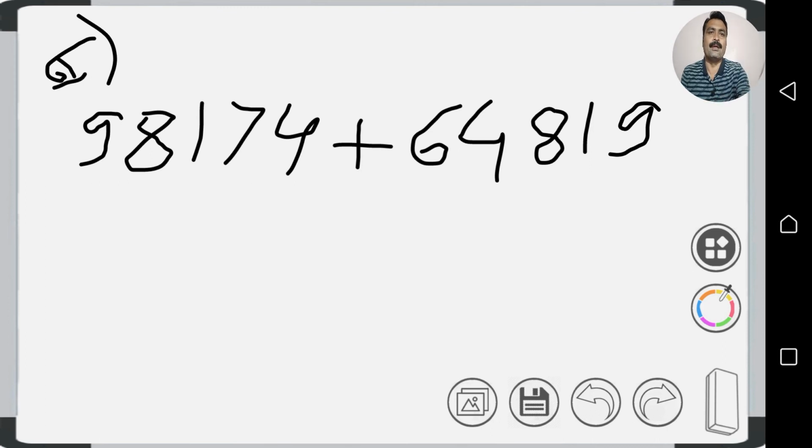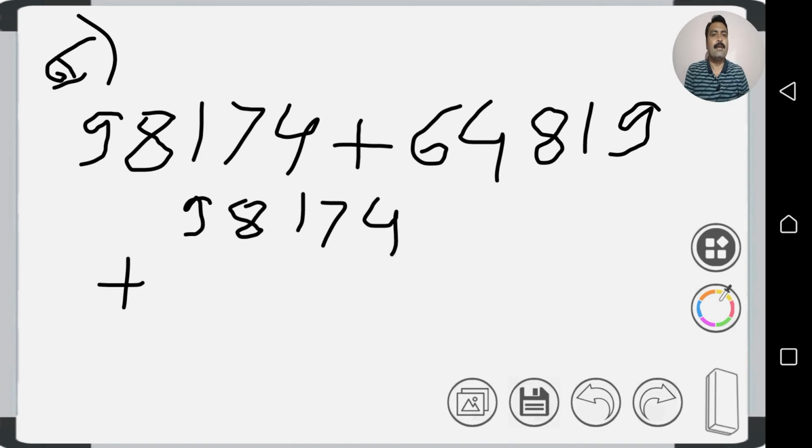So the first number I am putting here in front of you, 98,174, and take a plus sign here. Now while arranging the second number here, 64,819, it is important to arrange that number in the proper way. So here I am starting from digit 9, that is at ones place in the second number.